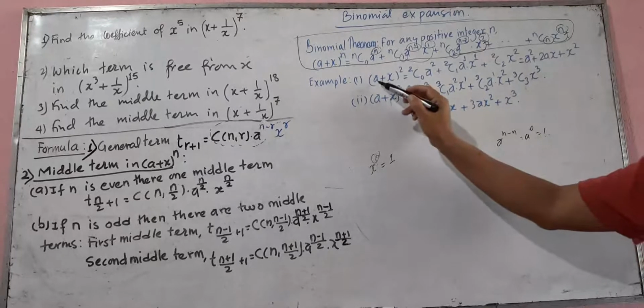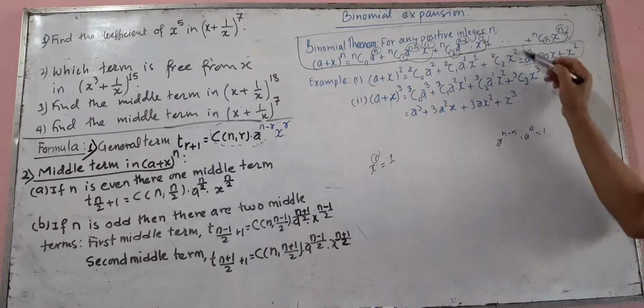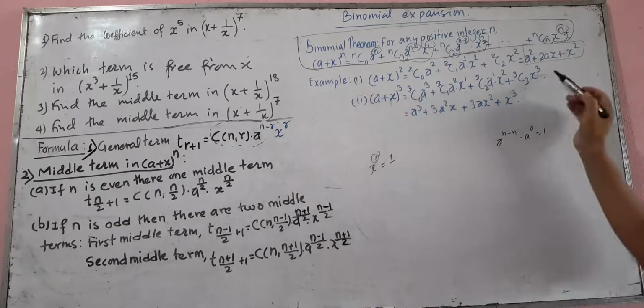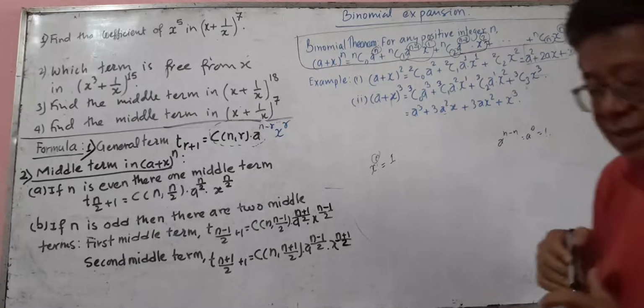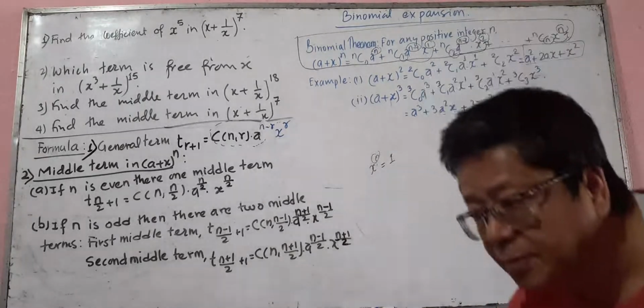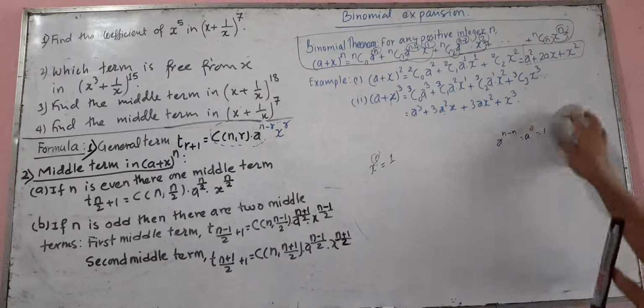So the expansion of (a + x)^2 is this one. There are three terms. Similarly, you can see (a + x)^3, there are four terms. So in the binomial expansion, if the power is n, then there are n plus 1 terms.